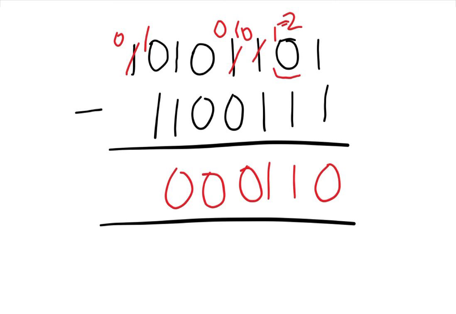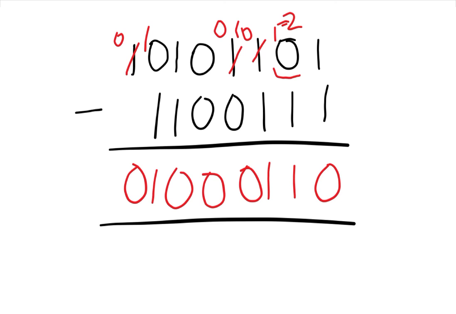And 1 0 is equivalent to 2, so 2 minus 1 is 1. And then the 0 comes down. So the answer of this subtraction is 01000110. So that's how you subtract any binary numbers together.